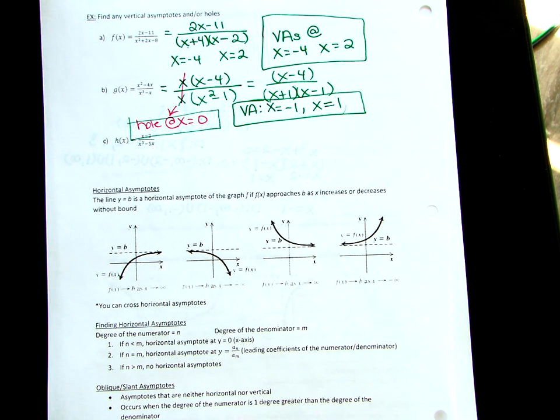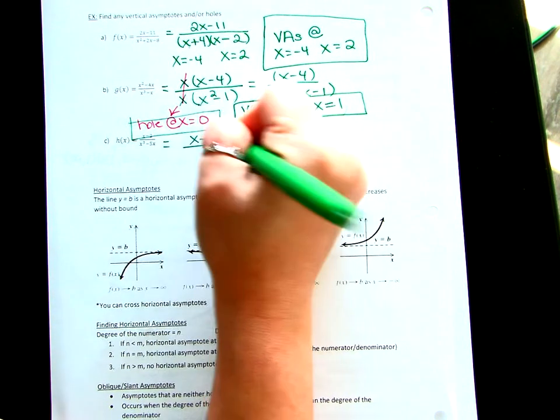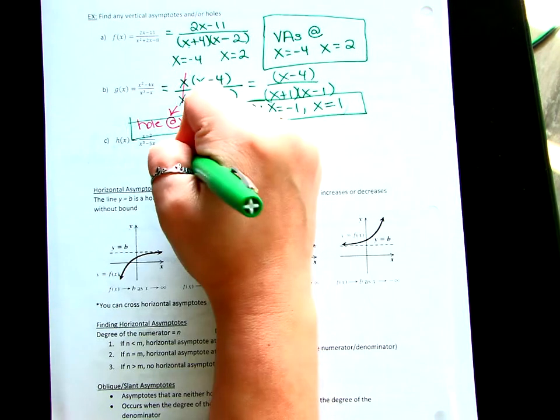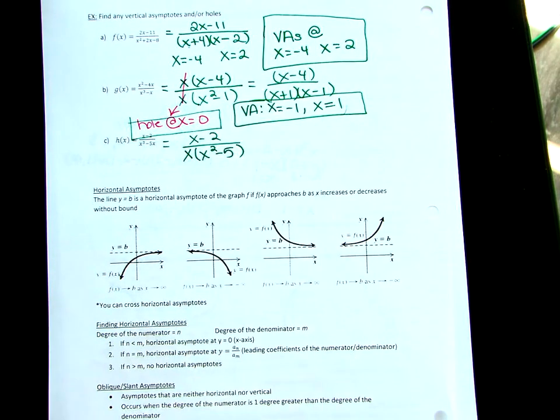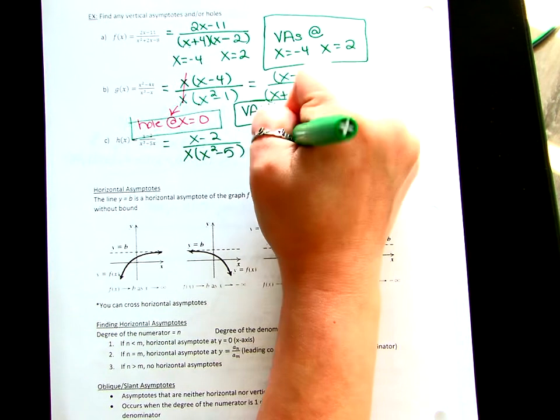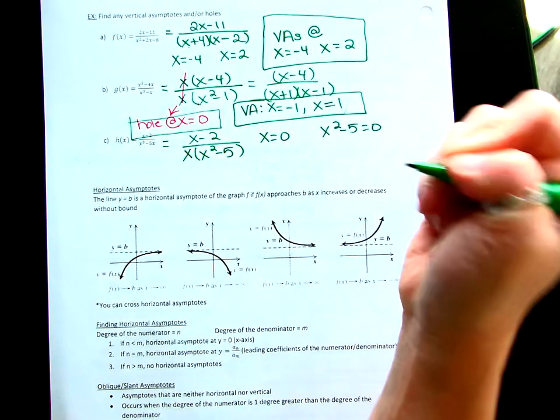Okay. Let's look at our last example. We have x minus 2 on top. And then on the bottom, we have x to the third minus 5x. So I can factor out that x, leaving me with x squared minus 5. Well, nothing cancels, so that's good. So I'm going to have x equals 0. That's a trouble spot. And then x squared minus 5 equals 0 is where I'm going to get my others.